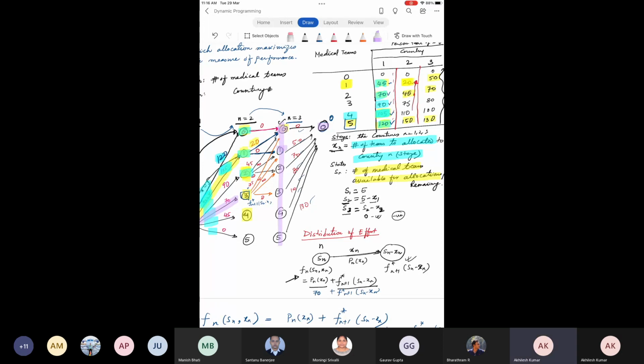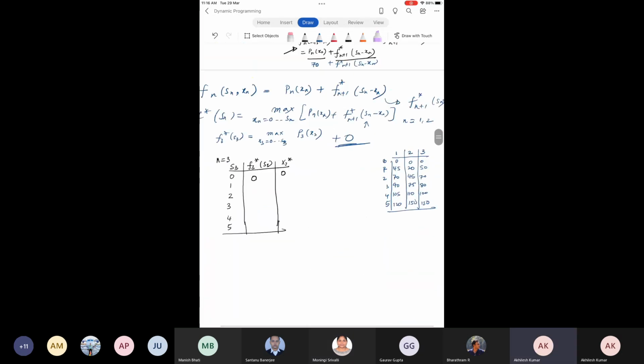If 1 team is left, finally how many teams are left? 0. If 2 teams are left, 0, because you will allocate all of them to the country. So these will also become 0, 1, 2, 3, 4, 5.